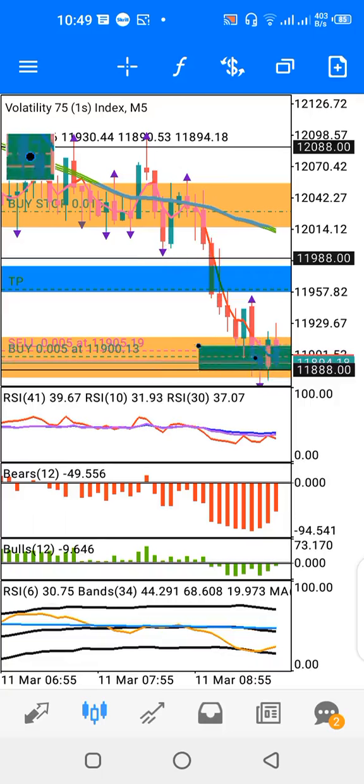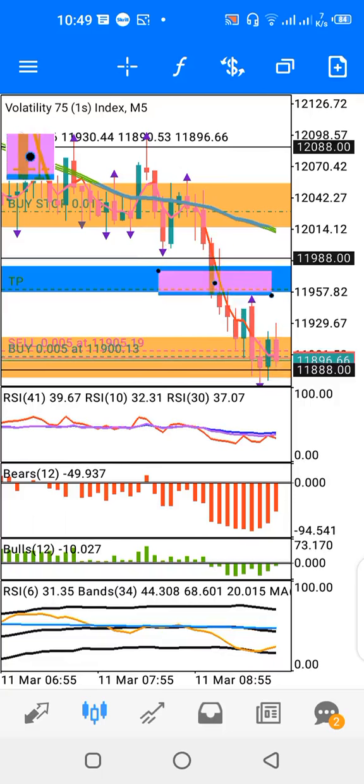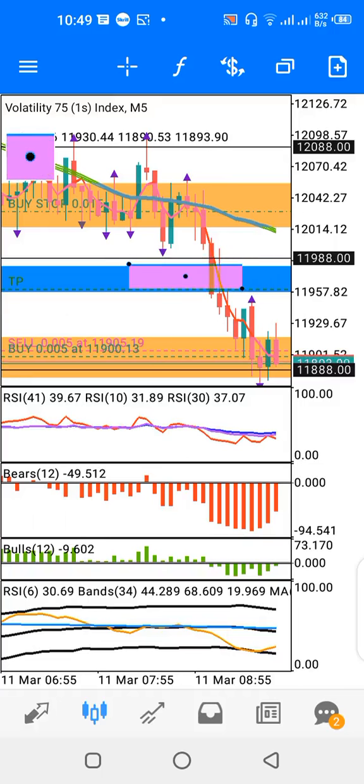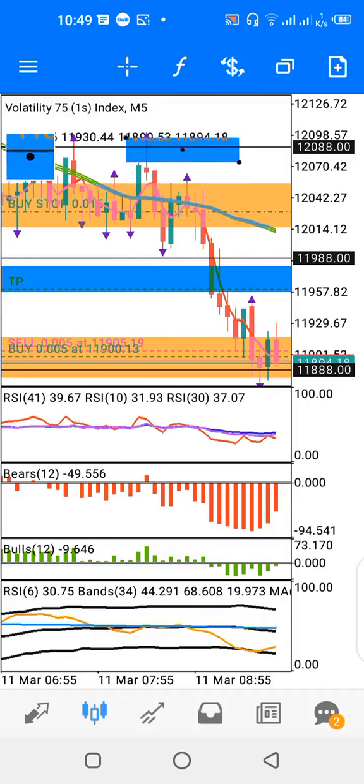Then you can see some level of consolidation around 11888. So these have been discovered as we continue our research. It is research work that took us some months to find out, and you are benefiting from it. I'm talking about the psychological levels for V75 1s.